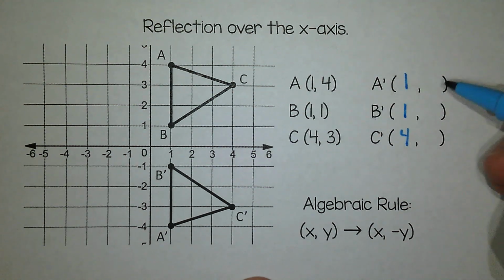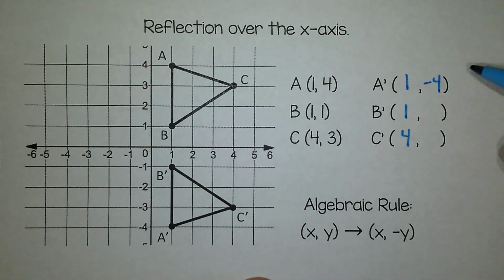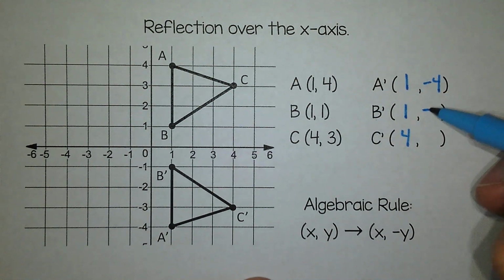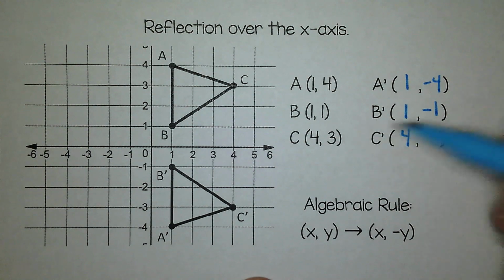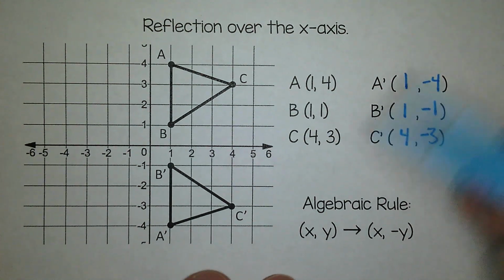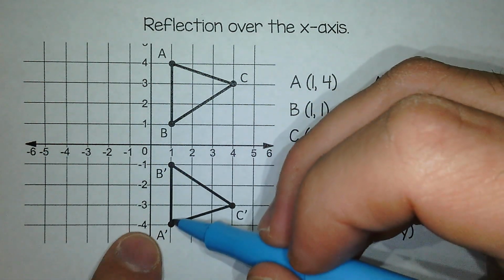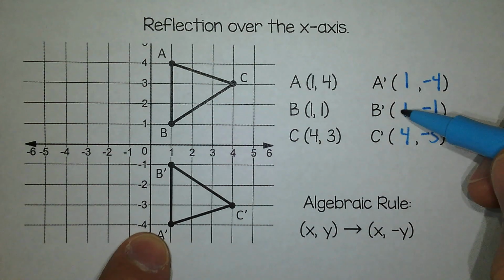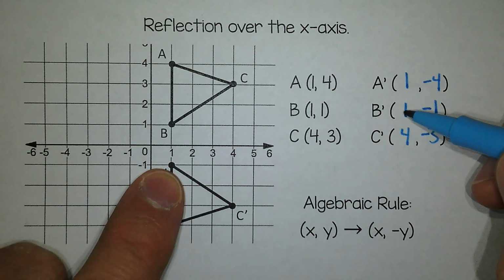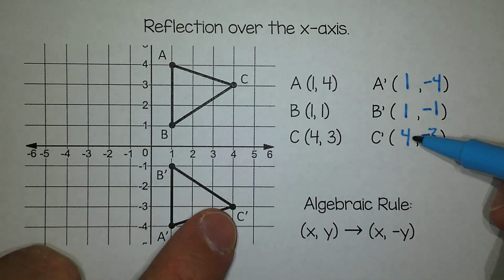So instead of +4, it'll become -4. Instead of +1, it would be -1. Instead of +3, it would be -3. So if I did this correctly, A prime should be at (1, -4). That's correct. B prime should be at (1, -1). That's correct. And C prime should be at (4, -3). That's correct.